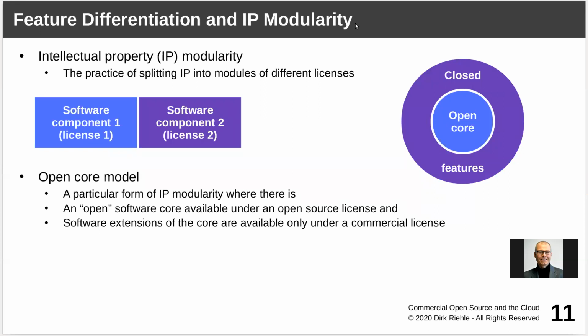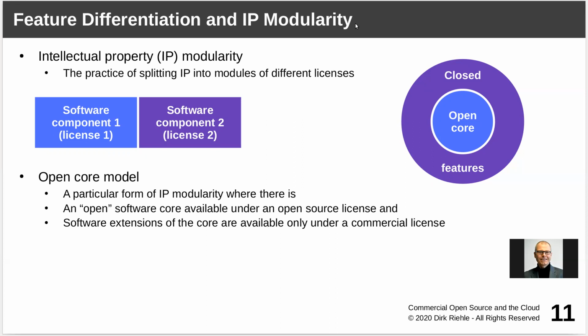And the key answer, or one of the answers, is usually IP modularity. IP modularity is a concept where you split intellectual property that you earn rent from. You split intellectual property into two or more parts and license them out under different licenses. In general, this is just two separate components.